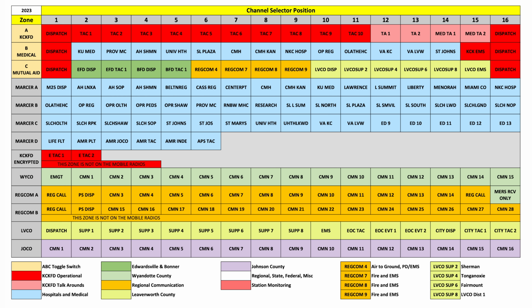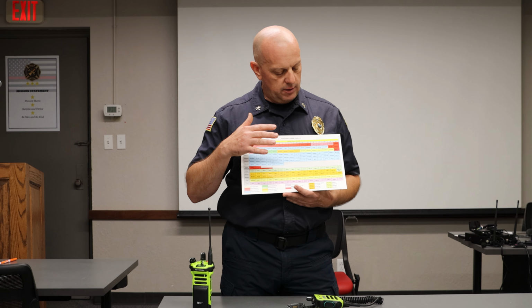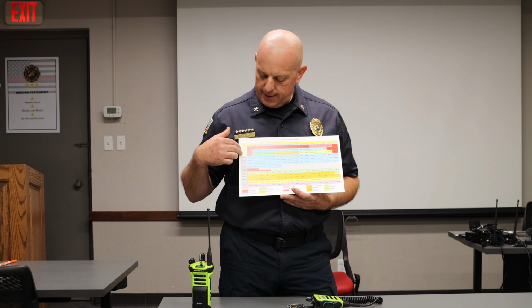And then the next three, 7, 8, and 9, have been deemed the primary fire and EMS channels for if we're working regionally with other agencies. Then we move into lighter yellow ones, which are some of the Leavenworth County support channels, which will be used for all the different townships in Leavenworth County that border Wyandotte County for our mutual aid response. So again, 99% of everything we do can be accessed through these three zones.